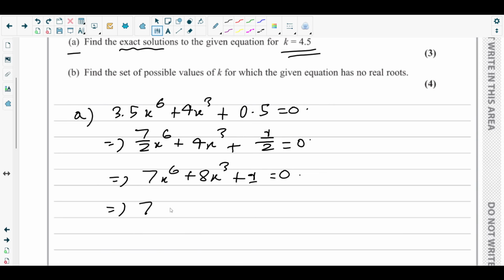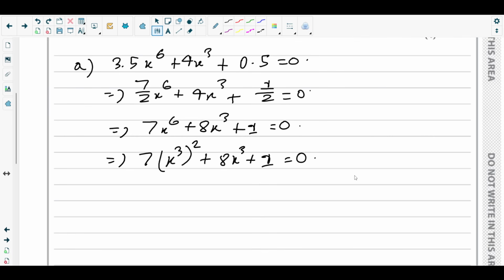We can convert it: 7 times x cubed whole squared plus 8x cubed plus 1 equals 0. So if you consider a equals x cubed, then we can simplify the power: 7a squared plus 8a plus 1 equals 0.